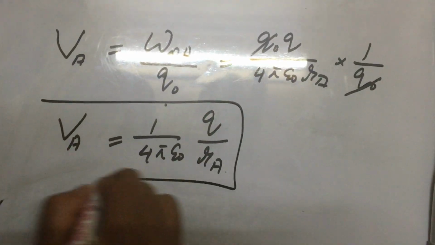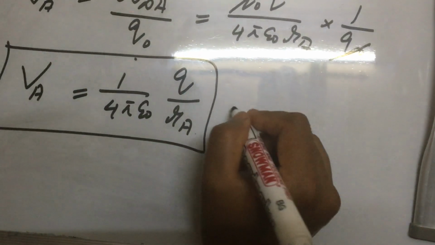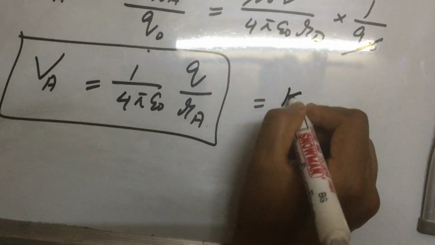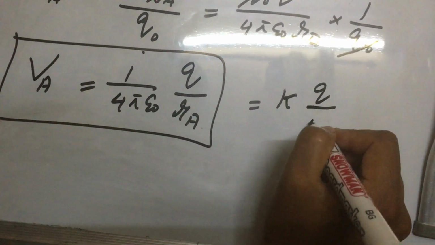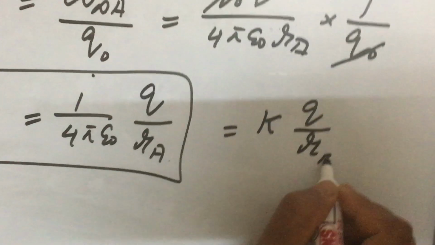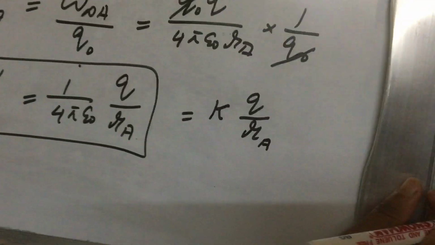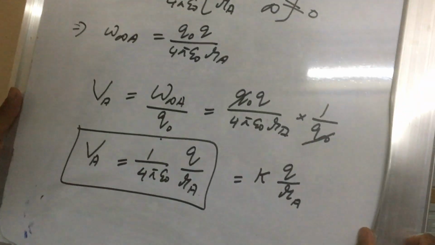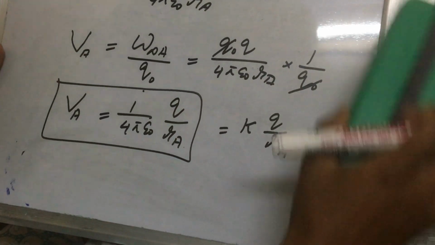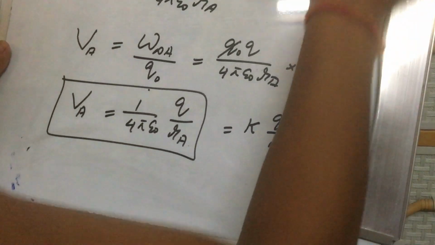This is the expression of potential, or the same thing we can write as K Q by the distance where we want to find the potential. Now let me sum up one thing. If you see the video properly, you will be clear about it.